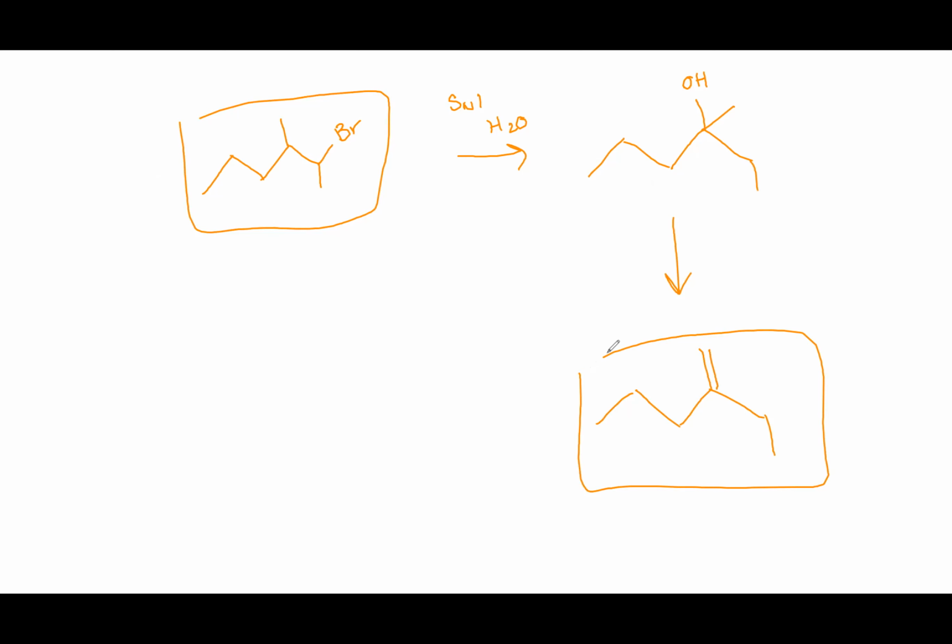But at that same time, anytime you have a change to the carbon scaffold or a change to where your functional groups are attached, it's indicative of a carbocation rearrangement. So right here, our bromine is attached here, but our new functional group is attached at the carbon over.